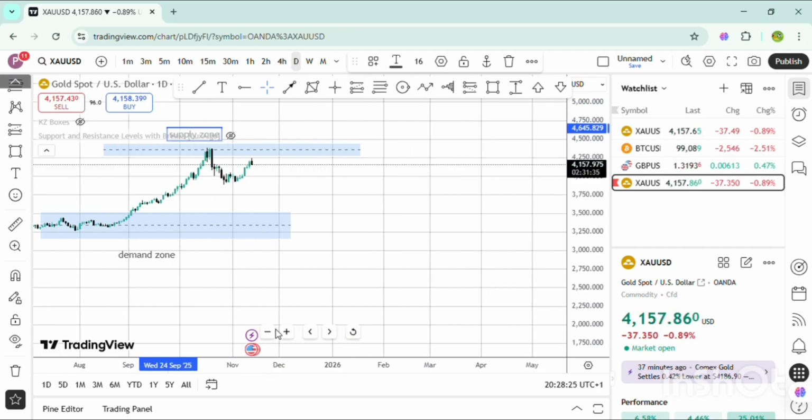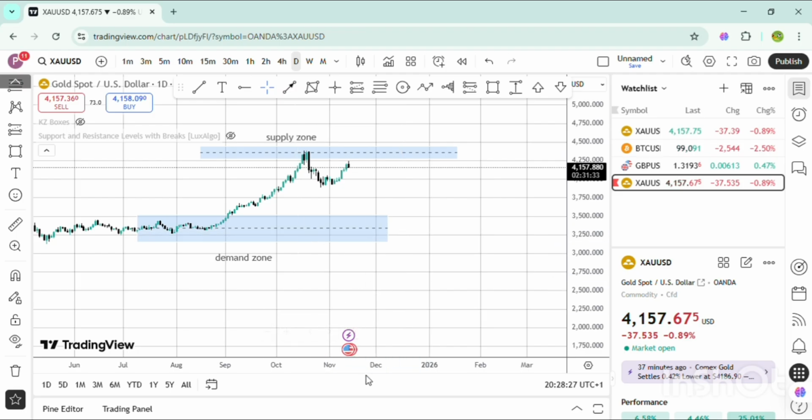Looking at this chart, this market is a bullish market. Looking closer, there's a fair value gap from that supply zone and an order block. The fair value gap is an imbalance before the order block. The order block is a negative candle before the positive candle that caused the market to go in the opposite direction.